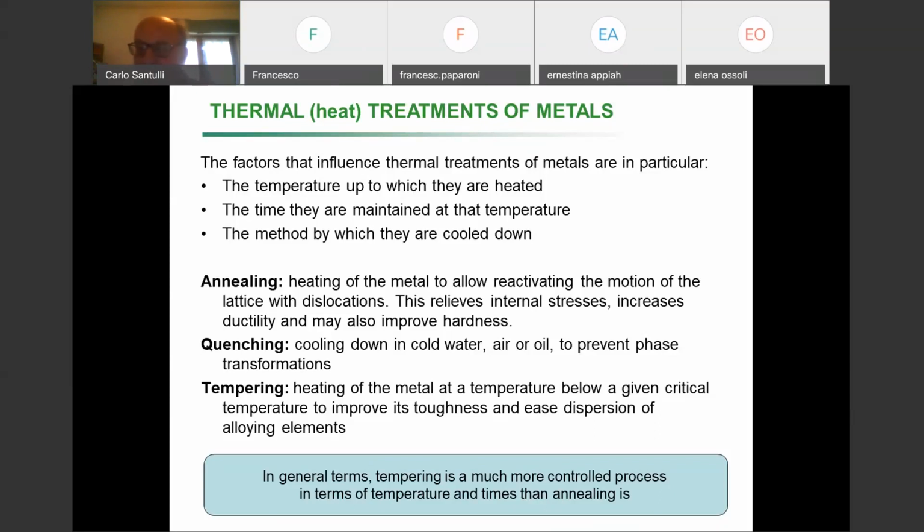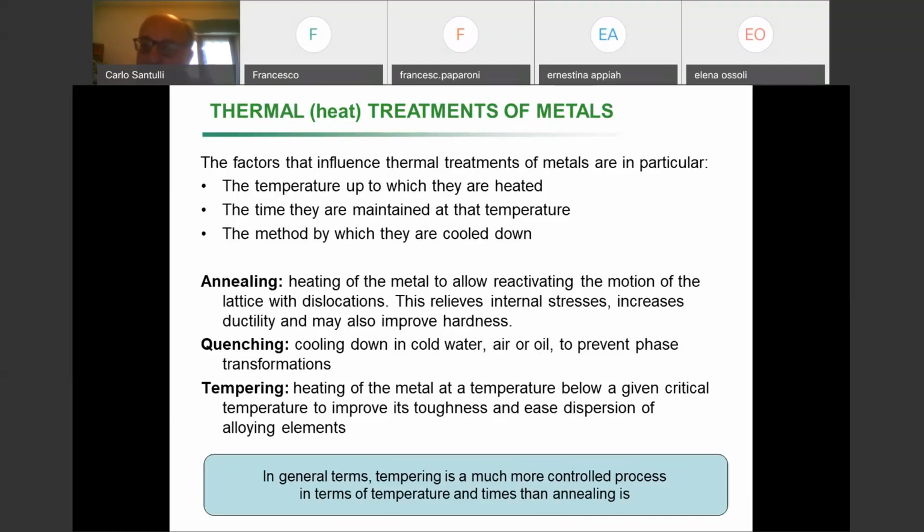And in tempering, it's also important to ease the dispersion of alloying elements, the other elements. Because you were thinking of iron and carbon, but there are other metals that enter the picture. The most typical ones are nickel and chromium, but there are many others which enter in the simple case of iron.